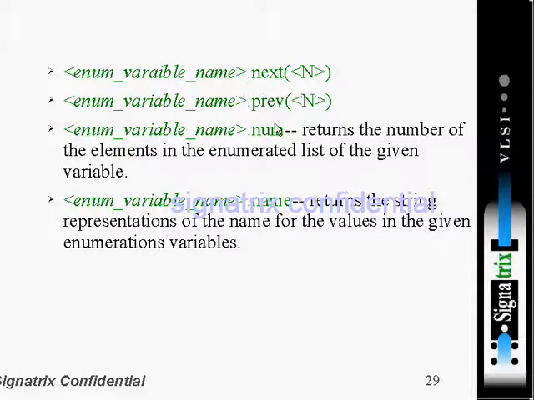Like that we have some more things also. Dot next, where inside the bracket we mention the variable name, and previous. Dot num returns the number of elements in the enumerated list of the given variable. And dot name returns the string representation of the name for the values in the given enumeration variables.